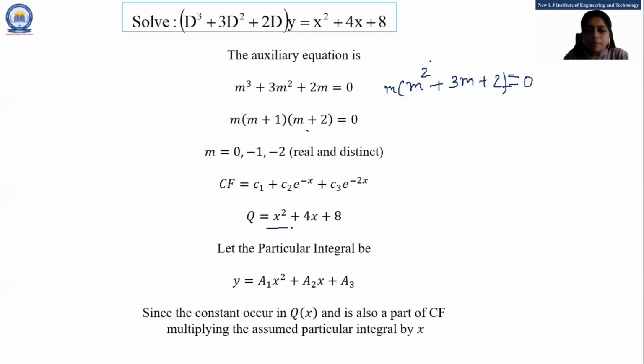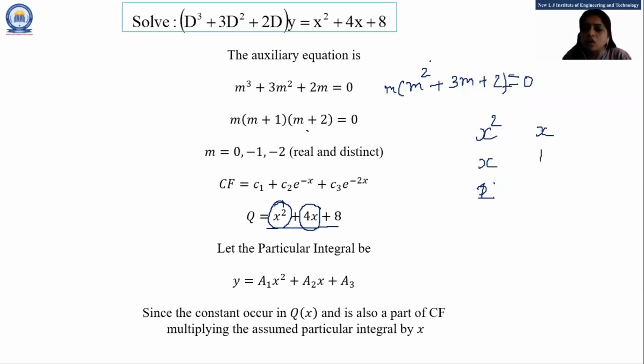Your right hand side part is x square plus 4x plus 8. So what is our assumed particular integral, students? Listen carefully everyone, there are a total of 3 terms, right? Our first term is x square. The family of x square is x square, x and 1, as you all know. For the second term, the family of x is x itself and 1.